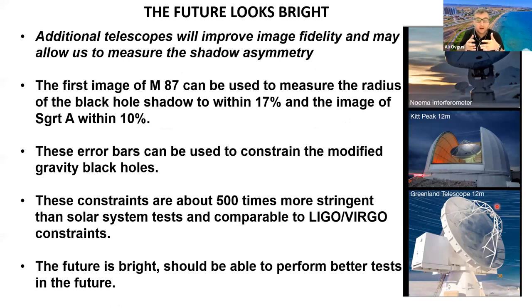These constraints are about 500 times more stringent than solar system tests, and also comparable to LIGO-Virgo constraints. So studying the shadow is now better than studying quasi-normal modes, ringdowns or gravitational waves. The future is bright and we should be able to perform better tests.